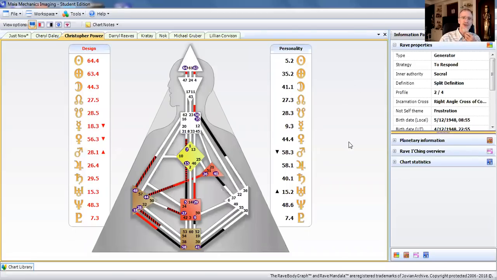So let's have a look at this G center. And I'll just share again. Now, as you can see, there are 8 numbers there, which represent, in simple terms, 8 different ways that source energy expresses itself.